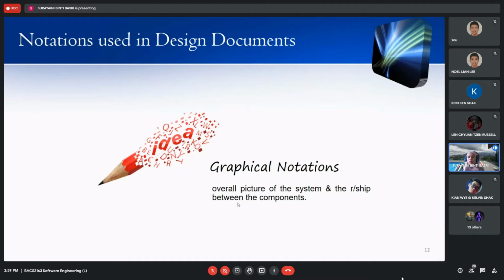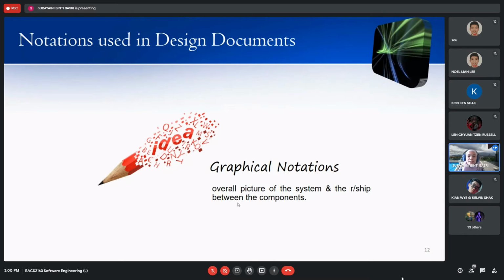But in this notation, you are free to use any icon as long as it can show the overall connection and the components inside your system. It is like you are looking at your system from above, so it must be at a higher abstraction.